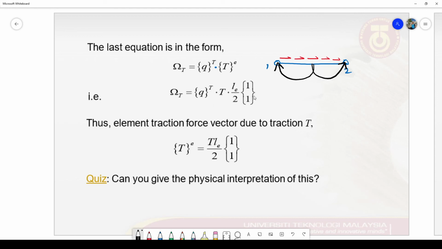This is what is explained in this equation. So for traction force, we have T L over 2 multiplied by the column vector 1, 1.